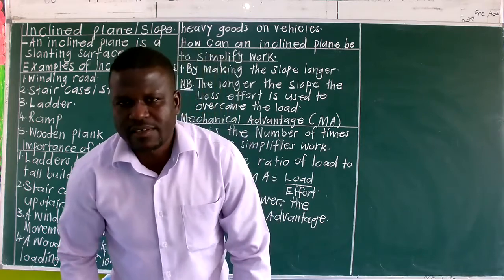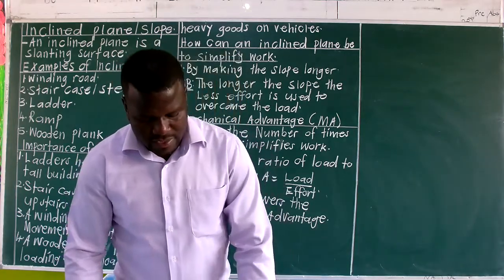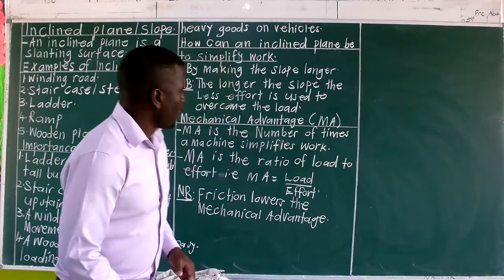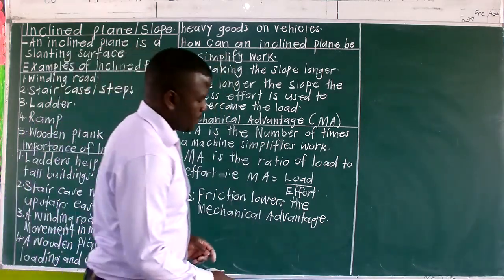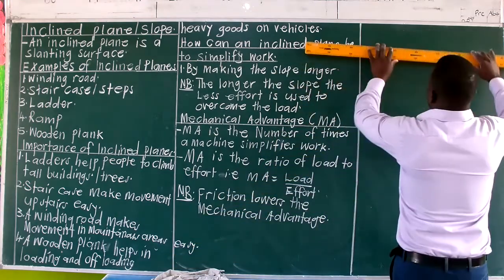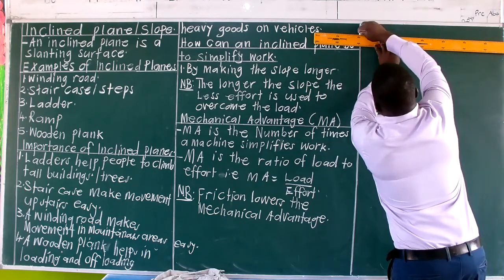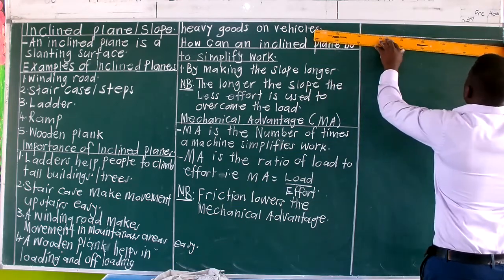Calculate the mechanical advantage. It can also ask you to find the load distance, effort distance, and so on. Before we look at that diagram, we can look at examples of calculations of mechanical advantage.